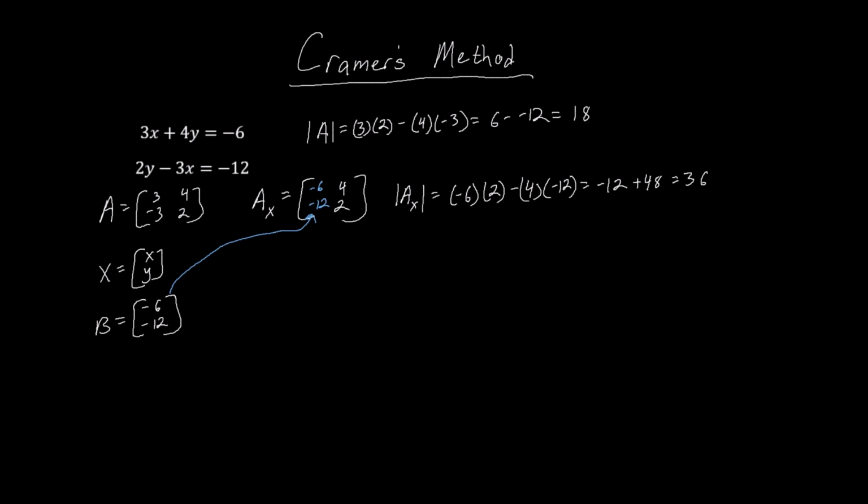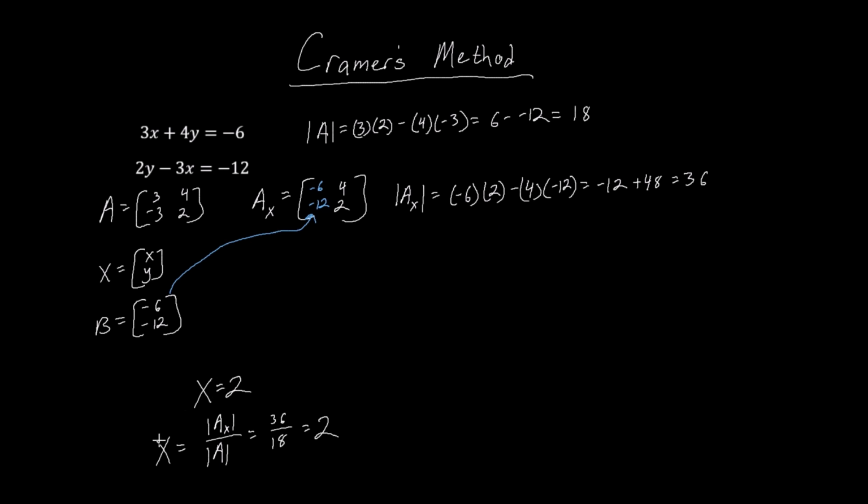As I said, the benefit of Cramer's method is it allows you to solve for individual variables. If I wanted to know what x was, what I have to do is take the determinant of A sub x and divide it by the determinant of A. So 36 divided by 18 gives us 2. So we have just discovered using Cramer's method that x equals 2.